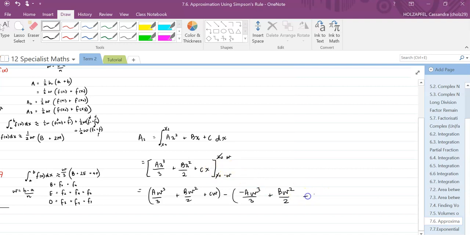So let's go ahead and simplify that now. aw cubed over 3 minus negative aw cubed over 3 ends up with 2aw cubed over 3. bw squared over 2 minus bw squared over 2 is just going to be 0. And then cw minus negative cw is going to equal positive 2cw.